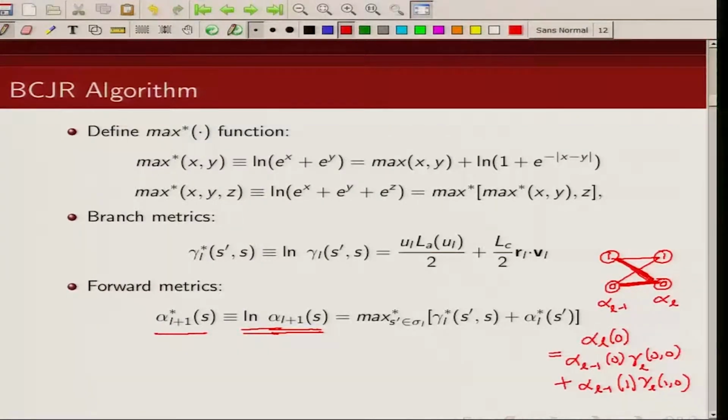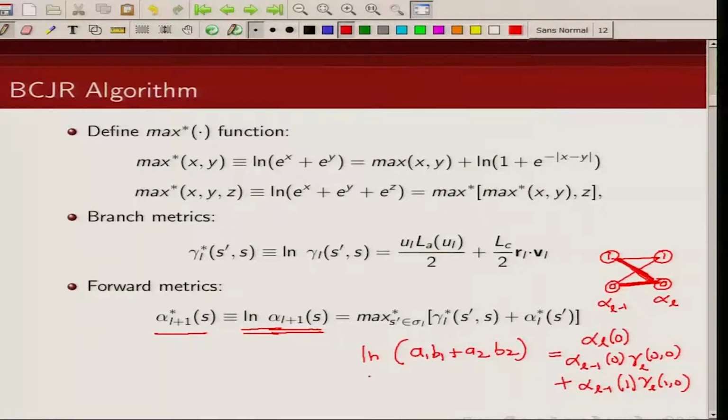So you have the log of summation terms. Think of terms of the form a1 b1 plus a2 b2, and we are taking the log of this.